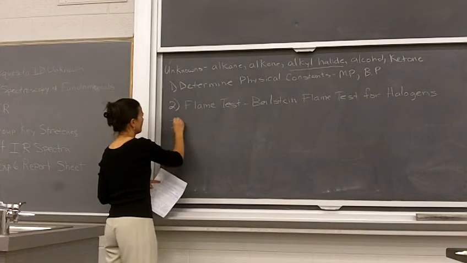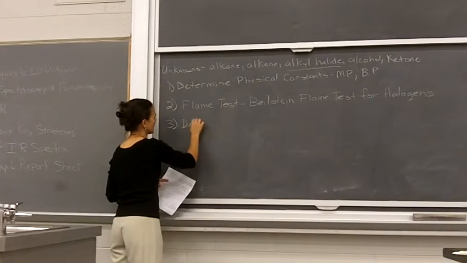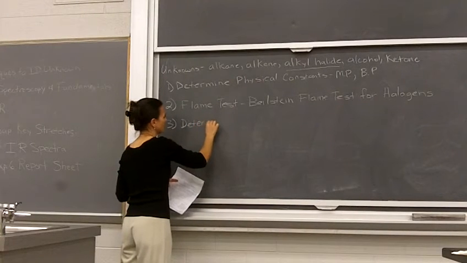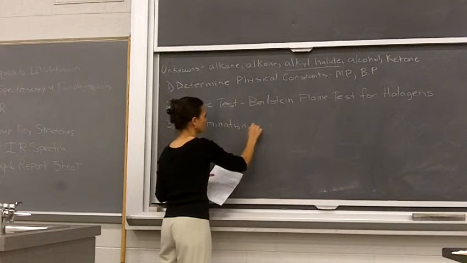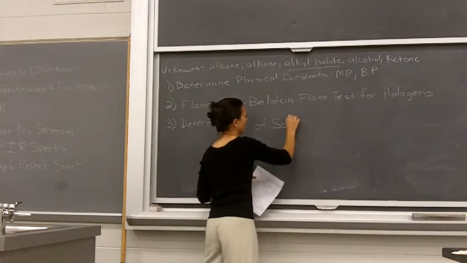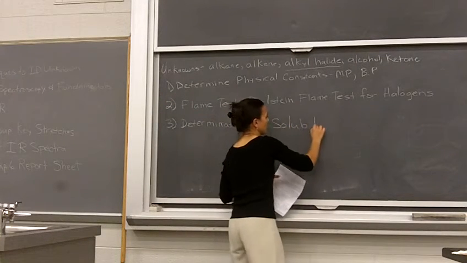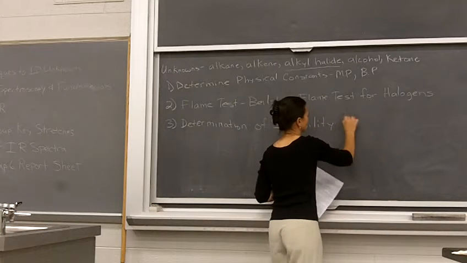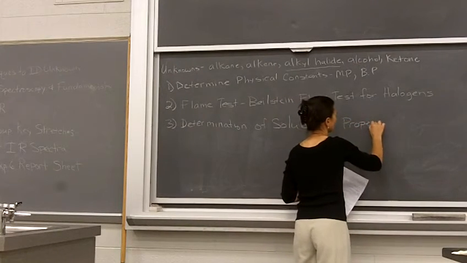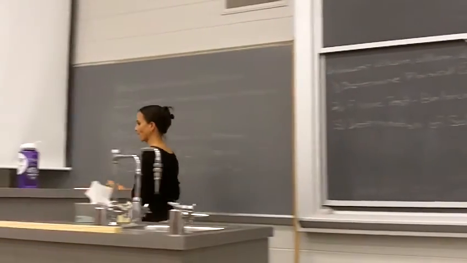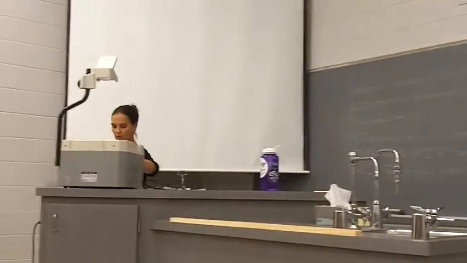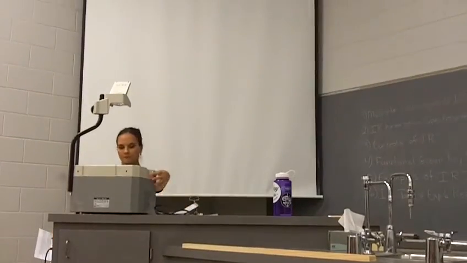The next thing you need to determine is what your unknown is soluble in. And so there is a table in your lab manual that you follow for determining the solubility.